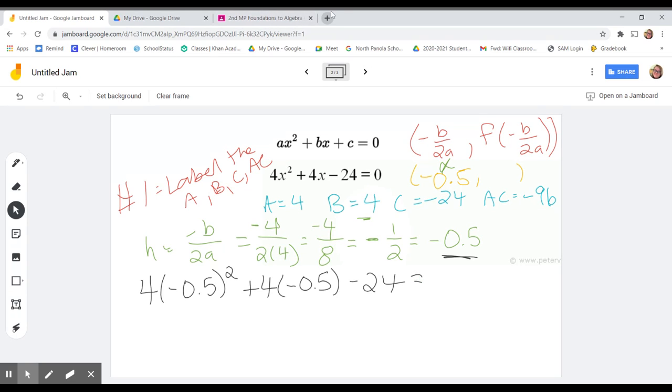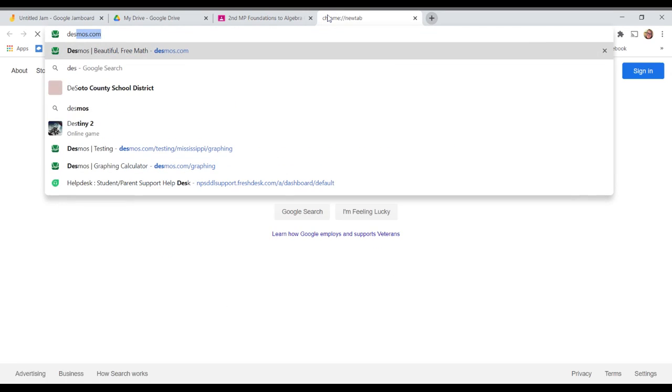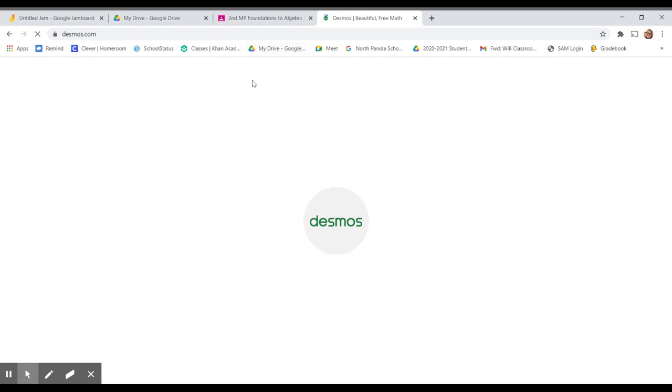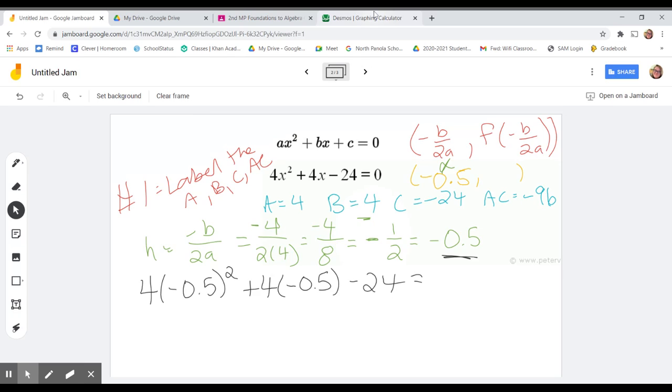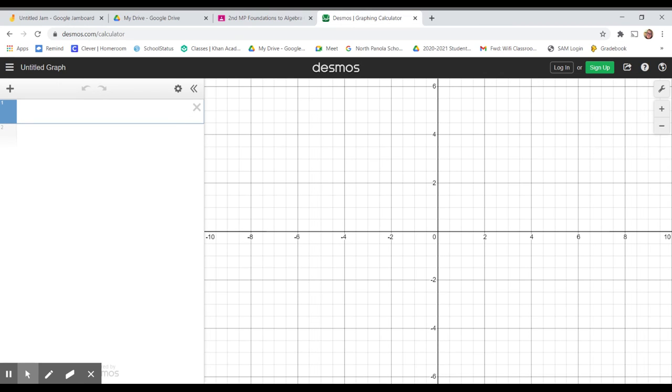So the key thing here, and this is what I suggest, is pull up that Desmos calculator, and we'll use it to give us what the square is, because it's kind of hard to figure out right off the top of our heads. So you can plug all of this right into Desmos if you want to, or you can take it step by step. We're going to take it step by step.